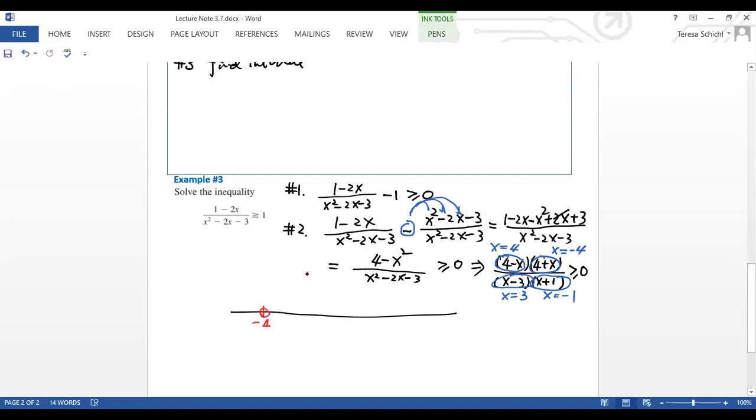Now what is next? I have negative 1, right? Negative 1 is here. Now I have a 3 here. I have a 4 here, right? Okay, so you put it in order. Then you use the dotted line to see the intervals here, right? So those are your intervals here.